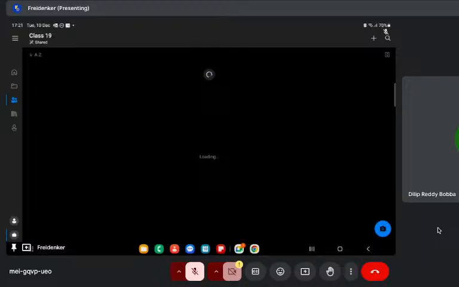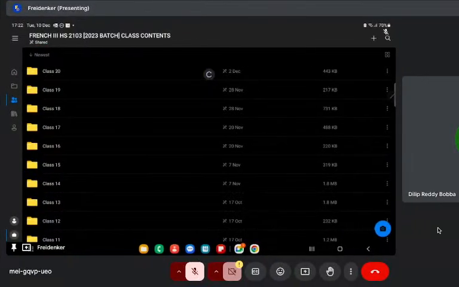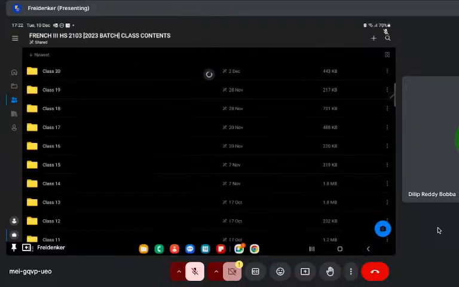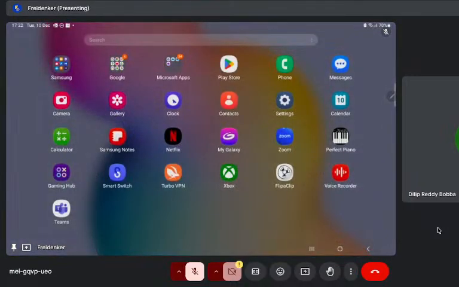I do have a physical copy, but there is a table there that you should see. If you're able to access this folder, I'm able to open it on my phone. Am I unmuted? Yes. Can't I open the other folders? Okay, no folder is opening. Let me close this and open this.